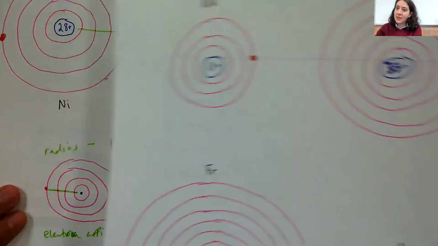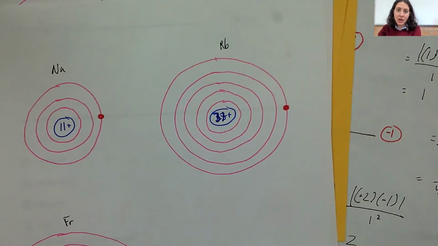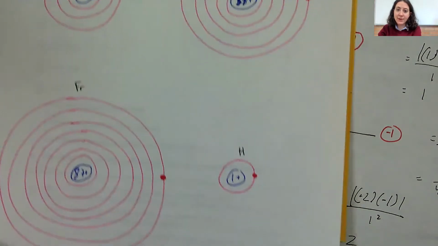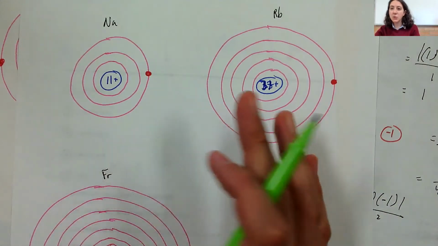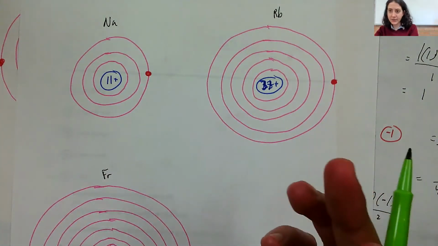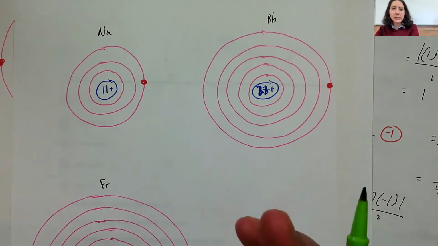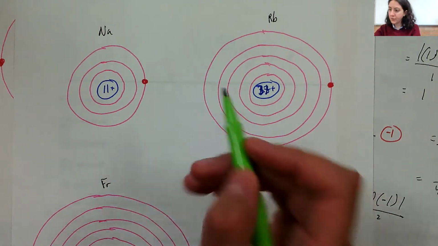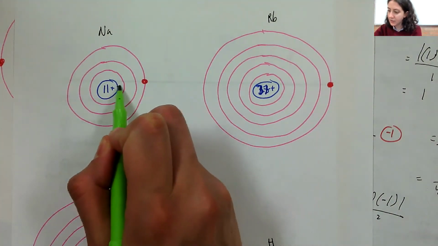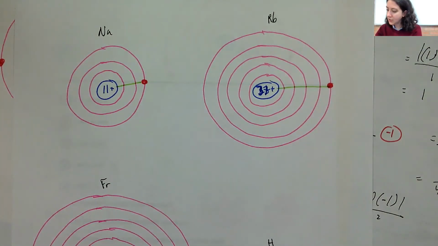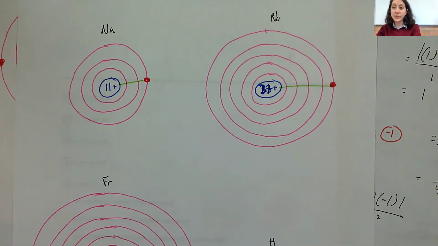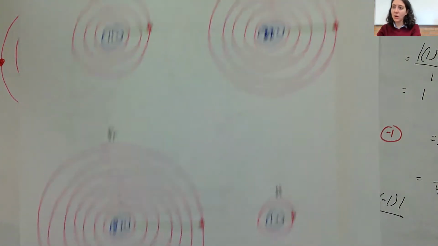Let's take a look then at our other example of sodium and rubidium and francium and hydrogen. So looking at these ones, which ones are going to have the most attractive forces? Well, these ones are a little trickier. So let's really go through them. We need to figure out what is the attractive force that's really going to hold on to these electrons between these four atoms.